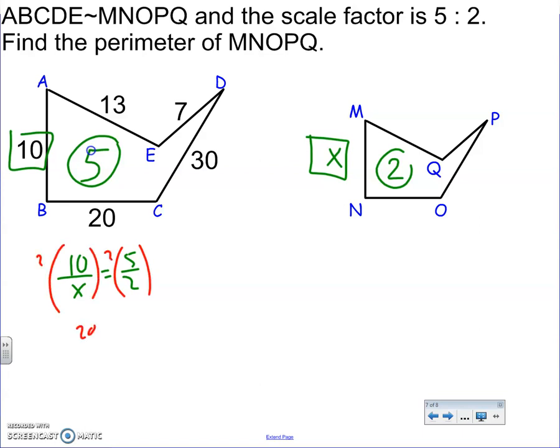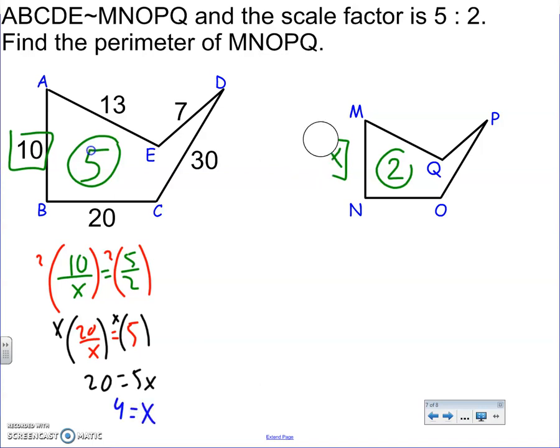So 20 over x equals 5, times x both sides. So 20 equals 5x, divided by 5. X equals 4. So I just found this side. This is 4. I don't want to do it for all the sides. Definitely not. That takes way too long.